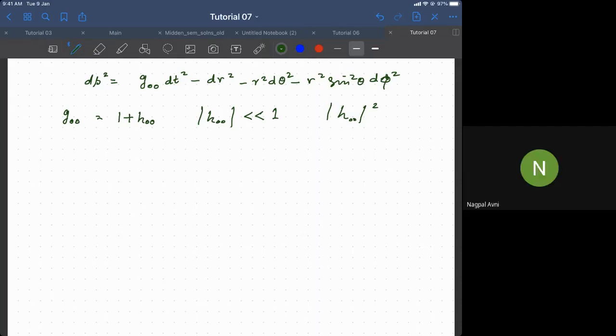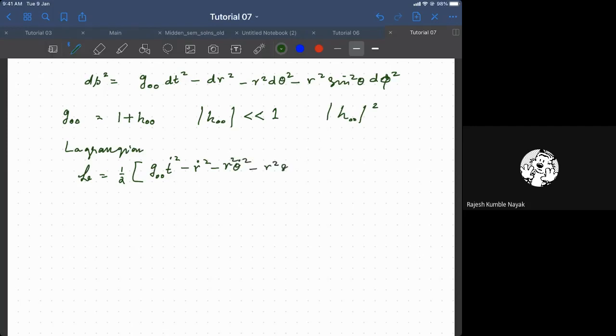Okay, sir. So let us take this and try to do an equation of motion. Let's write the Lagrangian. L is equal to, let's put this half, simply, otherwise it gets messed up, R dot square and R square theta dot square minus R square sine square theta.